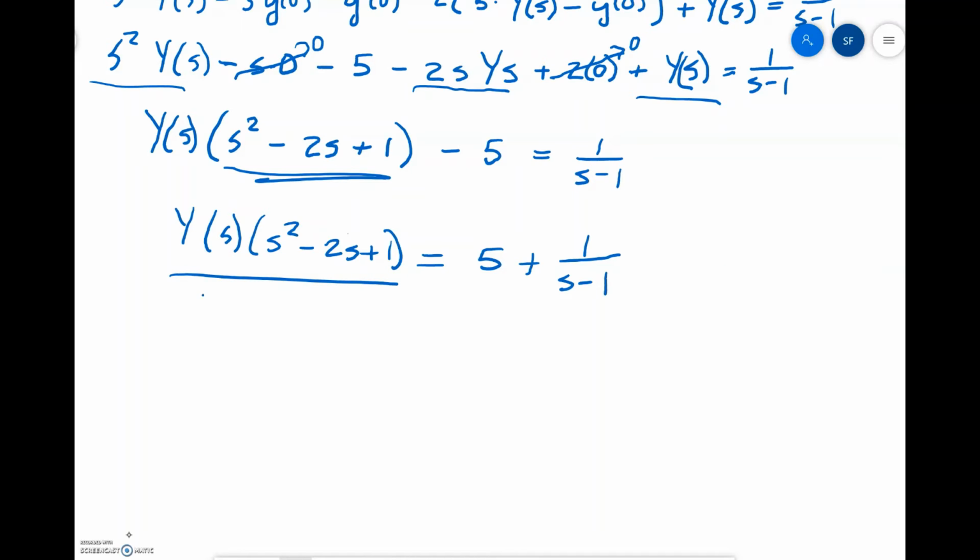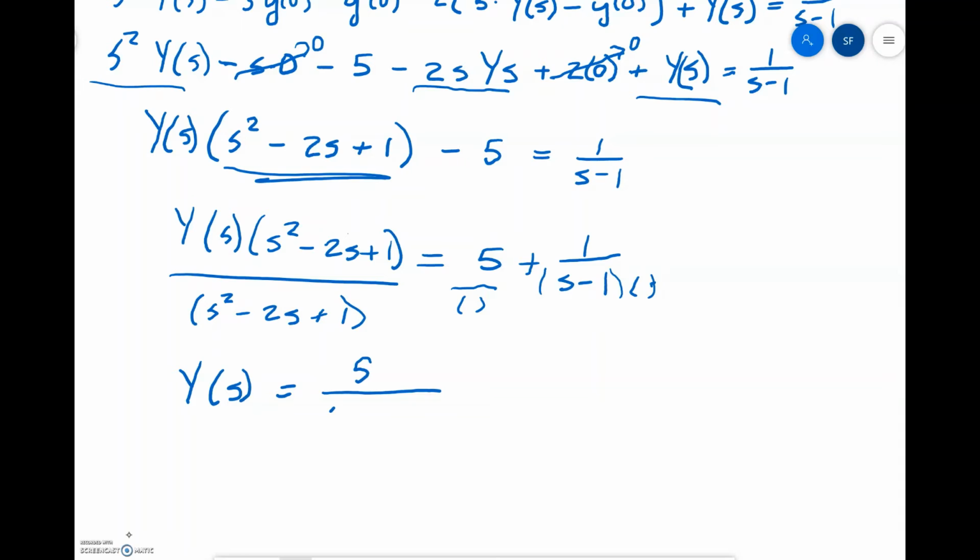Now when I divide by this, I'm going to divide both of the terms. So divide this by that parenthesis, and on this side, I'll just put that parenthesis in the denominator. So we have 5 over s squared minus 2s plus 1, and 1 over s minus 1 times s squared minus 2s plus 1.